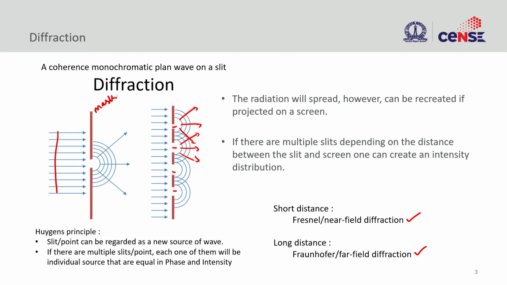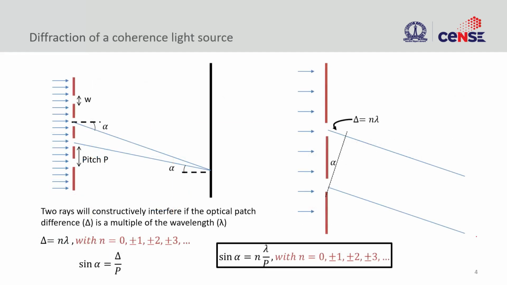This is how the image of the mask is captured. Let us look a little more carefully at how this diffraction happens with a coherent light source. What do we mean by coherent? Coherent means all the photons in that particular beam are in phase, or the phase difference between the photons is 0.